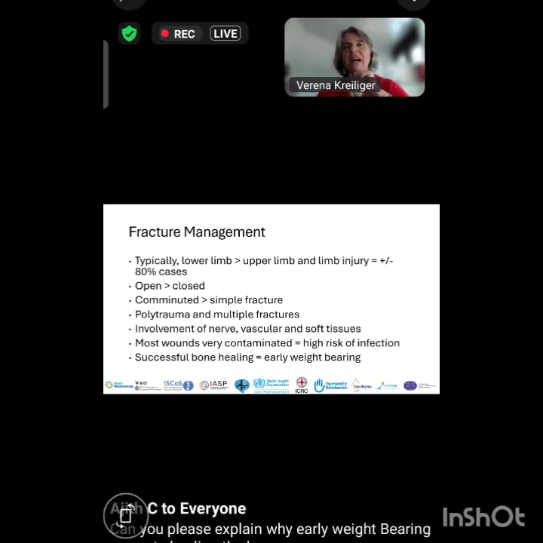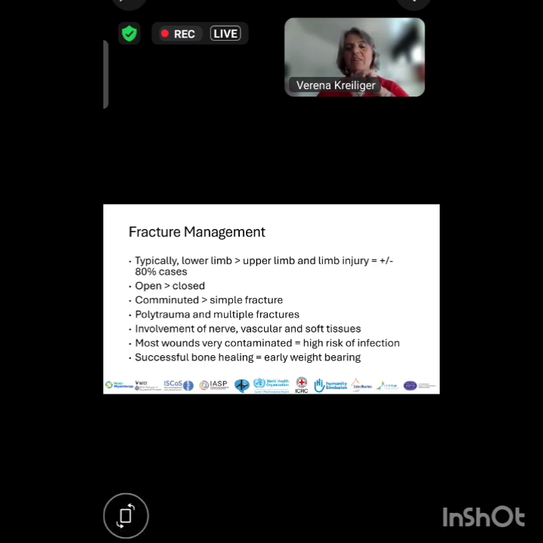The fractures are mostly comminuted, meaning they're complex fractures. You've seen the picture in the second slide, where there are lots of different bone fragments, and it's very seldom that we have simple fractures. This is because of the trauma and the way the fracture happened. So, polytrauma and multiple fractures are more common than simple fractures.